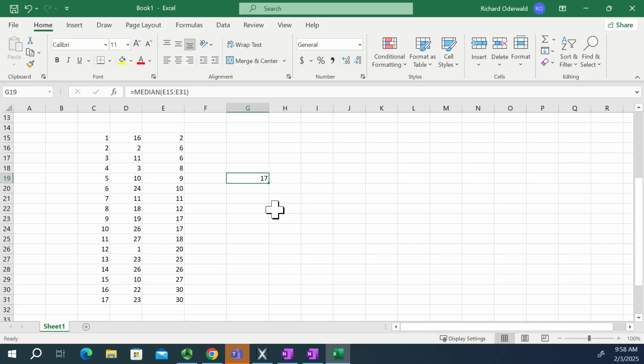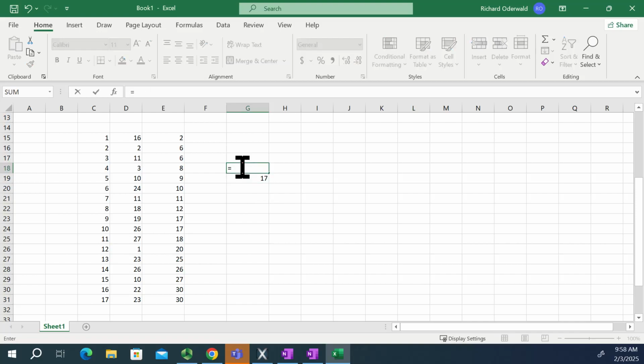What's the first quartile? I've got 17 numbers. What is the one in the 25% position, the 1/4? I'll go here, equals, what do you suppose the command is for quartile? QUAR.